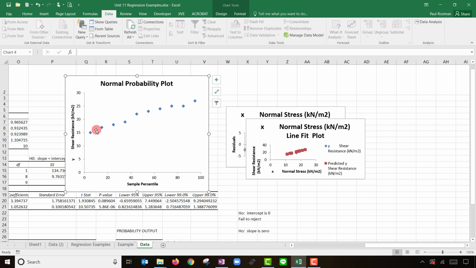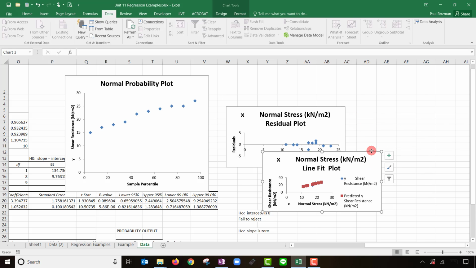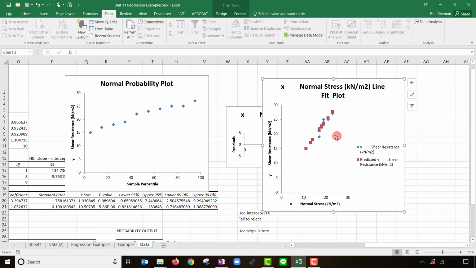So this is a nice indication that things are going okay. What else do we get? This is just a crude version of our nice plot. The blue values are the actual values and the red values are the predicted values at each of those same points. So it's basically our scatter plot with the line sort of on it.